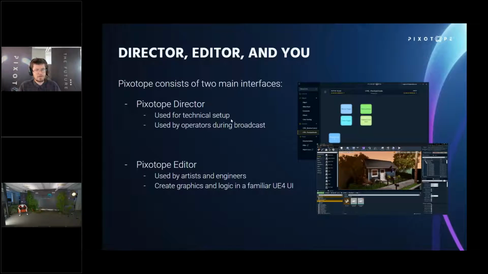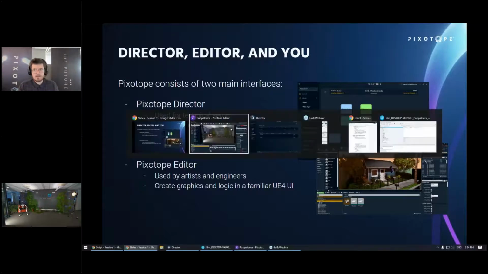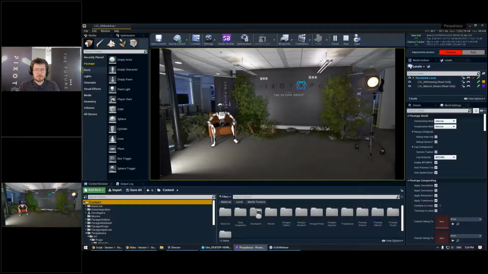It's also useful for people who are working with tracking, just to quickly get in some tracking and calibration utilities to verify that the tracking is sound. But in short, the Pixeltope editor is used to create graphics and interactive logic in a very familiar Unreal 4 interface. It's also built to be as user-friendly as possible to people who might not necessarily have a lot of background in Unreal.